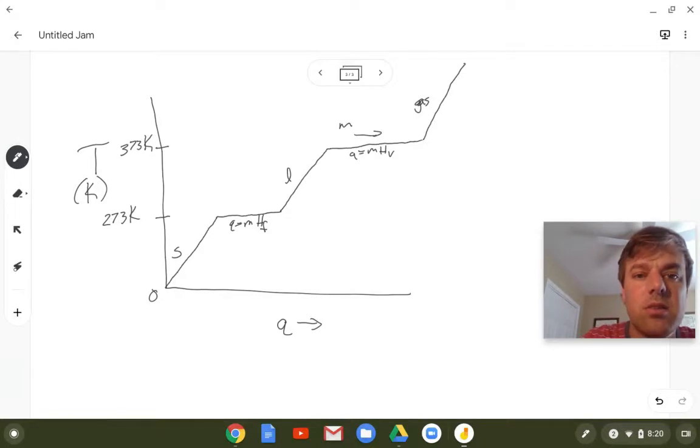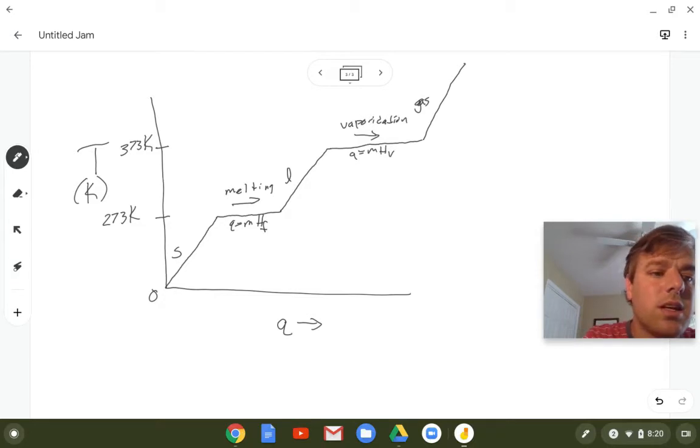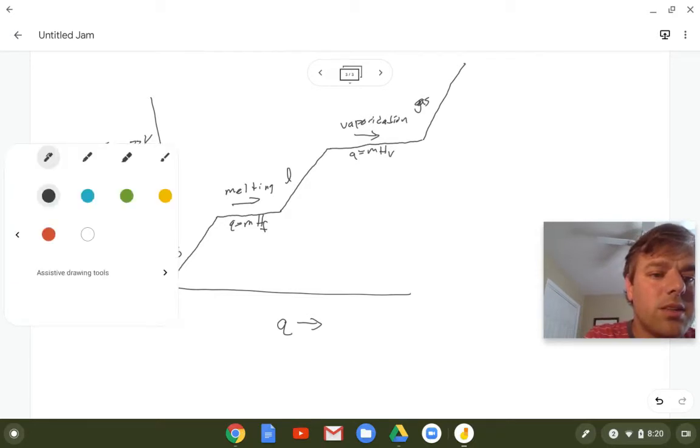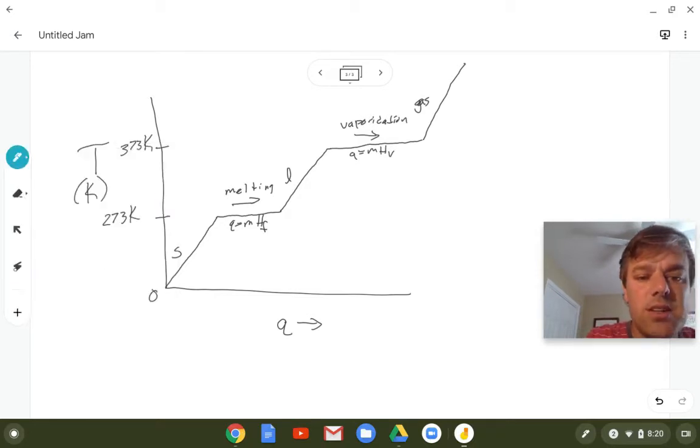If we're going from left to right, this would be vaporization. If we were going the opposite way, that would be condensation. And here, if we go from left to right, that would be melting.